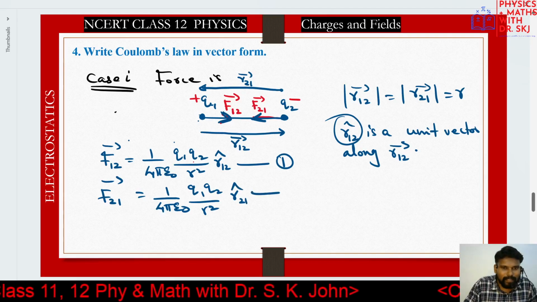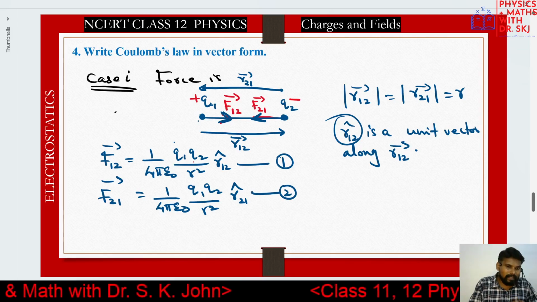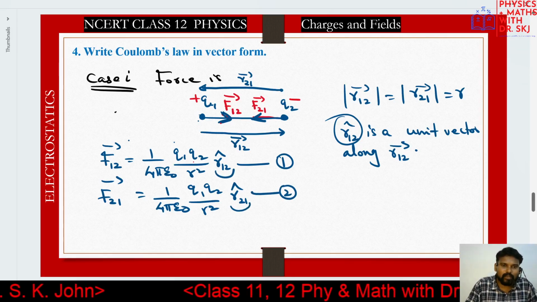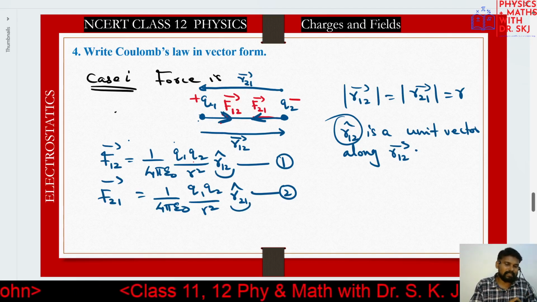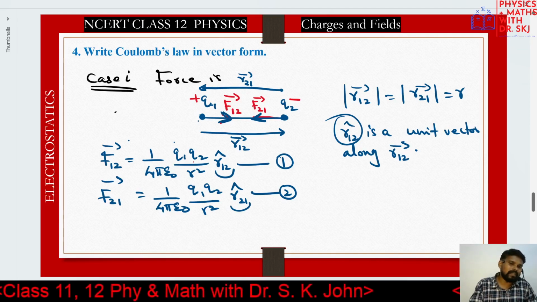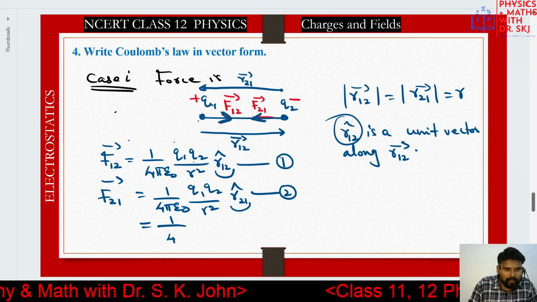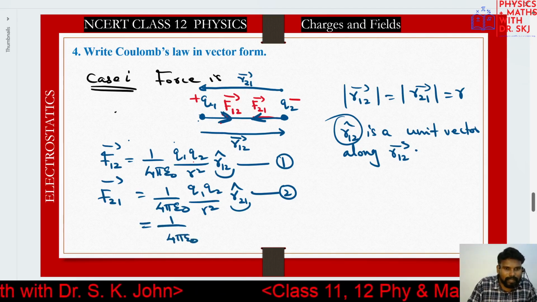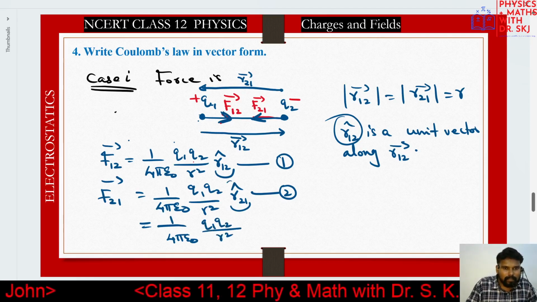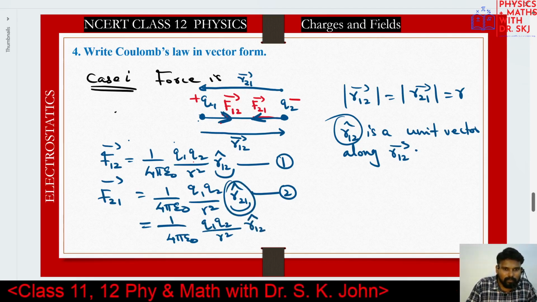From equation 1 and 2, you can understand that R12 cap and R21 cap have only one difference. They are in opposite directions, but they are unit vectors, so the magnitudes are the same. So you may write F21 as, this part is the same, but instead of R21 cap, I will write R12 cap with a minus sign.